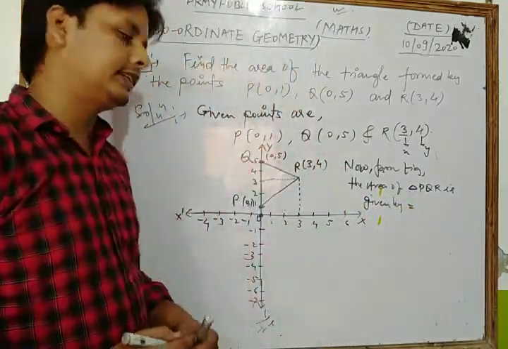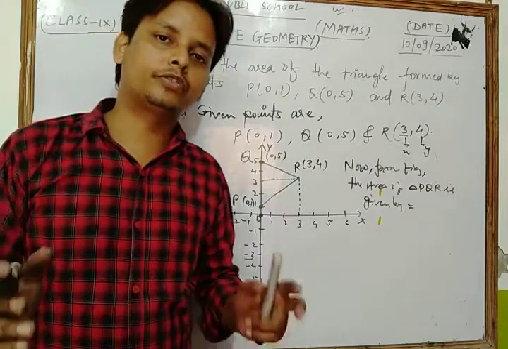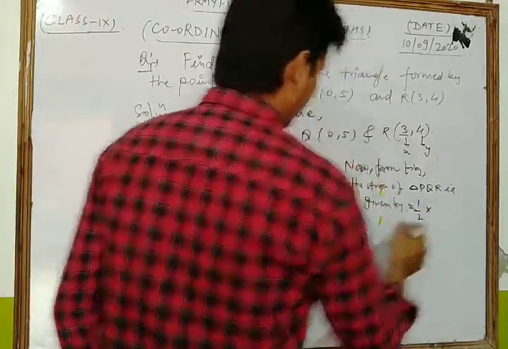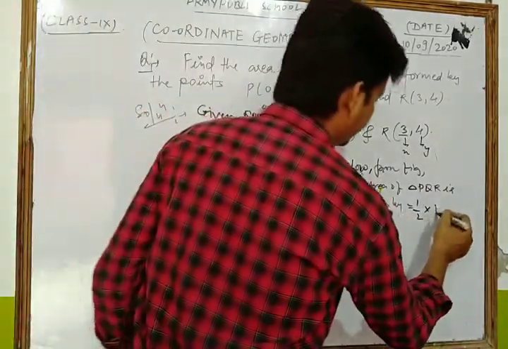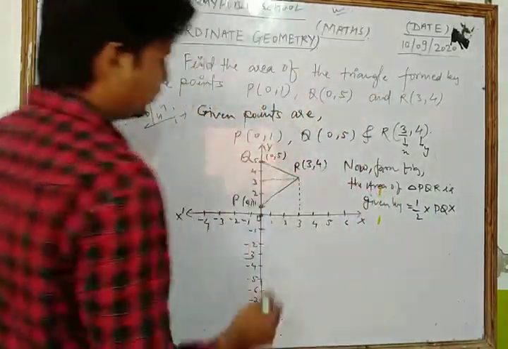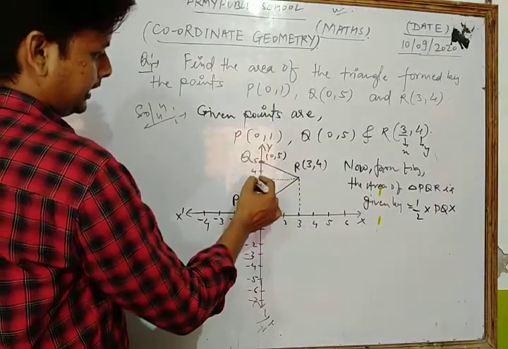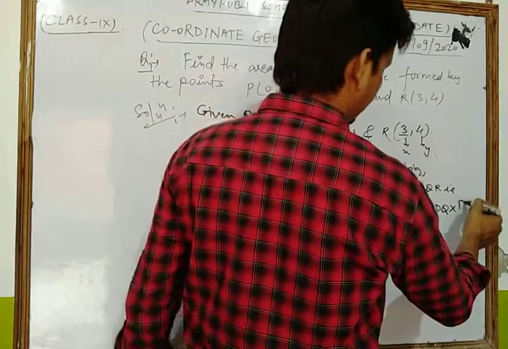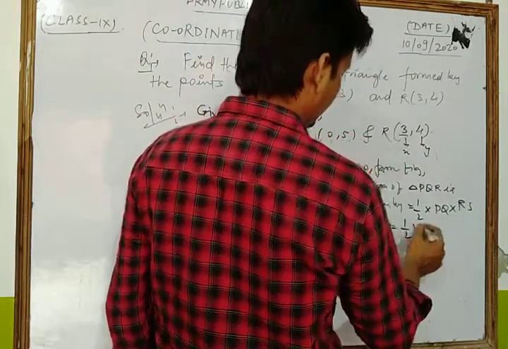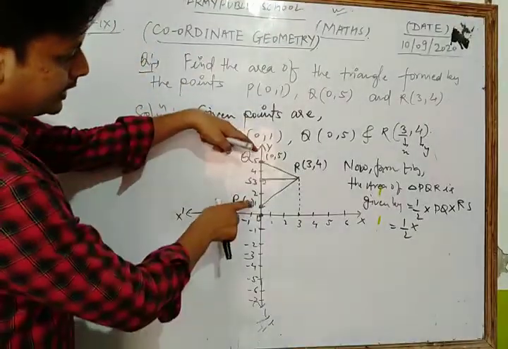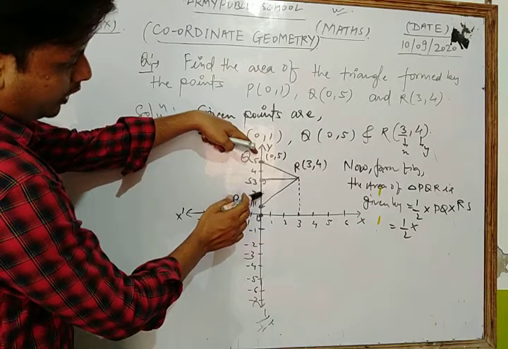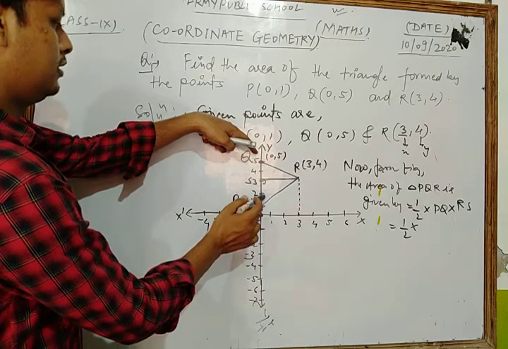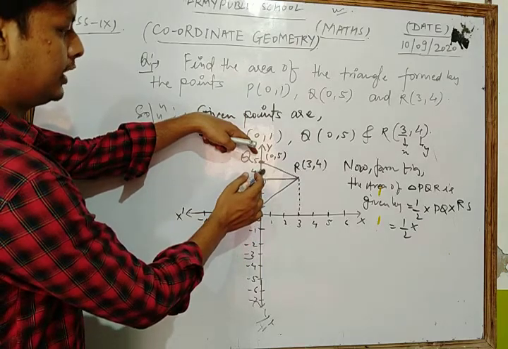You know that the general formula of the area of a triangle is 1 upon 2 base into height. So here we write 1 upon 2. Base is PQ into height, here we take as RS. This is the perpendicular. Now 1 upon 2 into the distance PQ, let's see: there is 1 unit, 2, 3 and 4.